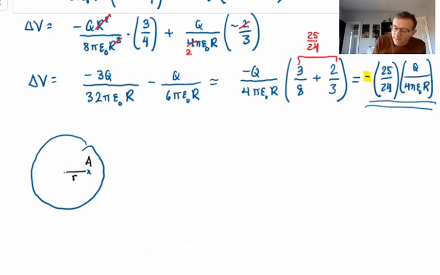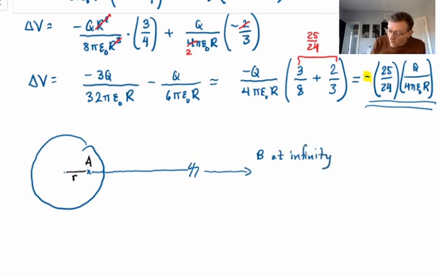Think of that as point A. And then we'll go on out, break in scale, that's what that means, on out to point B at infinity, where by definition we will assign the electric potential value out there to be 0. And so our task will be to find the electric potential at point A, which we are just going to call V of little r.